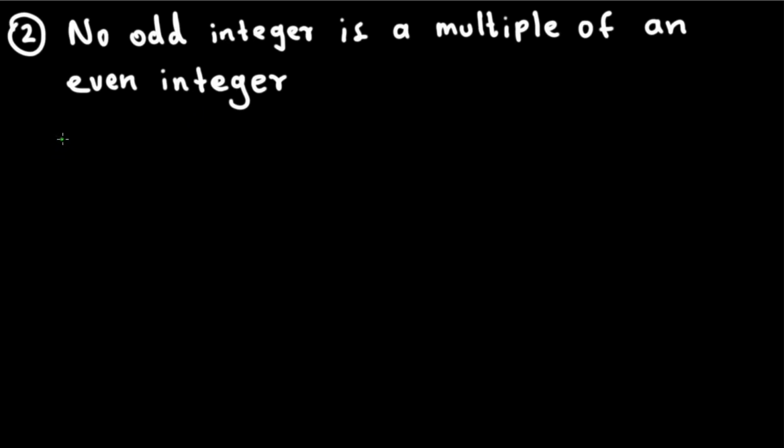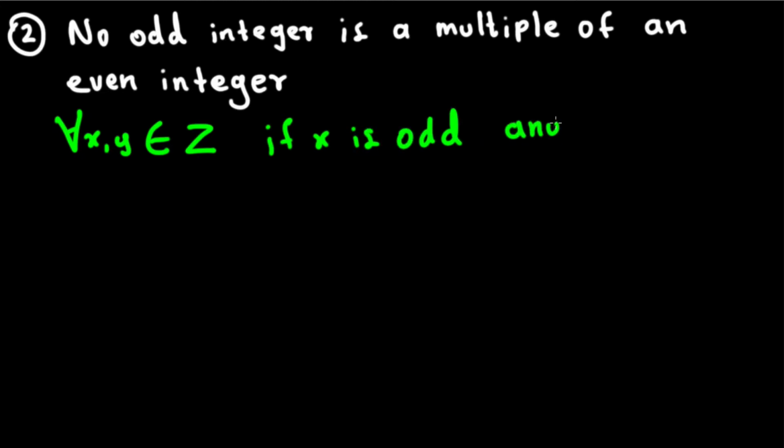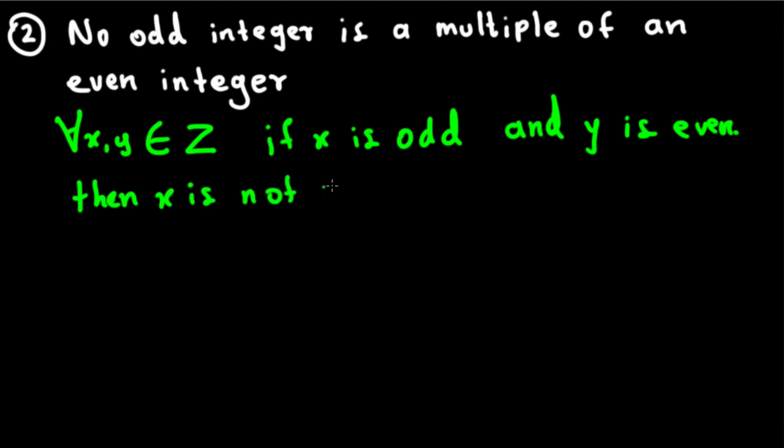First we are going to say for all x, y belonging to the integers, if x is odd and y is even, then x is not a multiple of y.